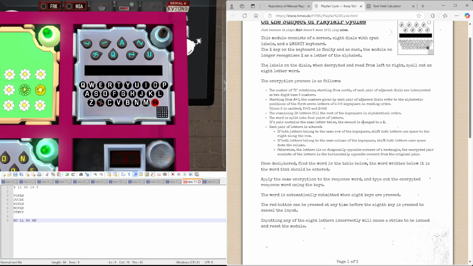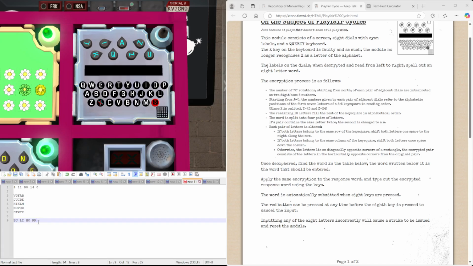If it contains the same letter twice, it gets changed to a Z, yeah.